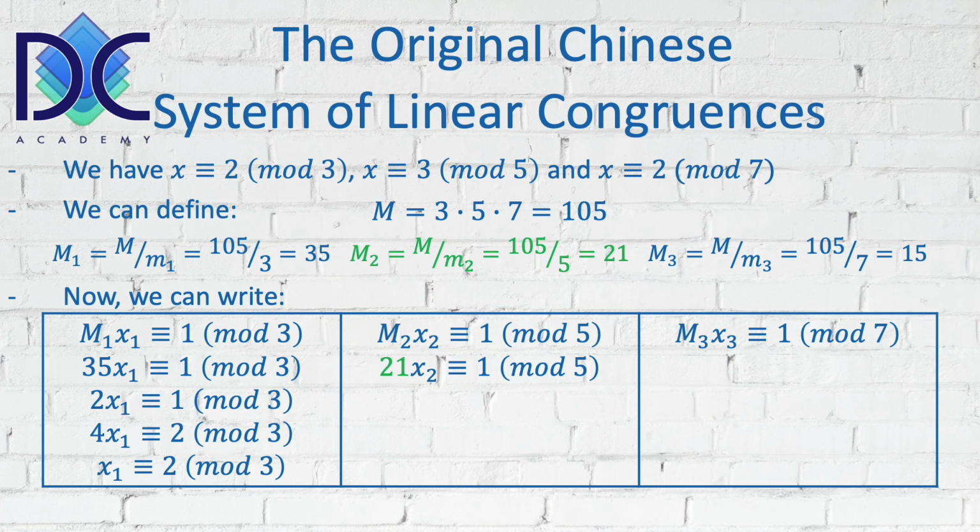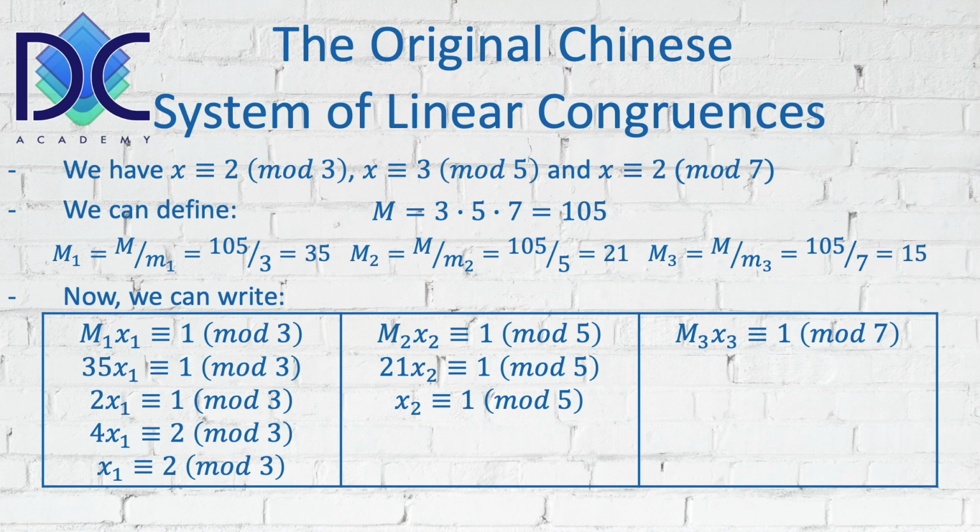So basically I put here 21x2, capital M2 is 21, is congruent with 1 modulus 5. 21 modulus 5, we can replace this by x2, and we can say that x2 is congruent with 1 modulus 5. So just to remember, 21 is equal to 5 times 4 plus 1, so the remainder is 1, so we can write this equivalence.